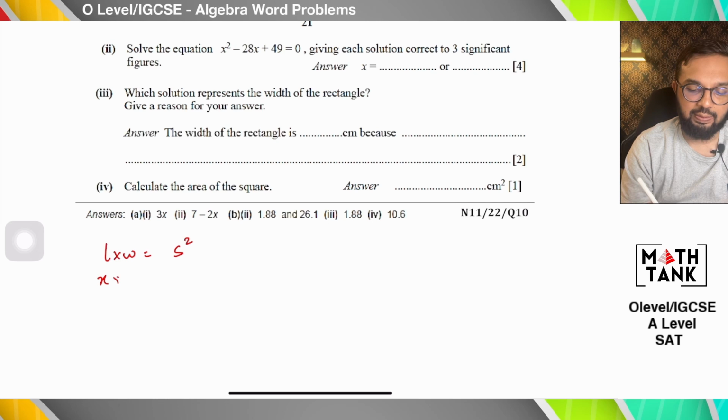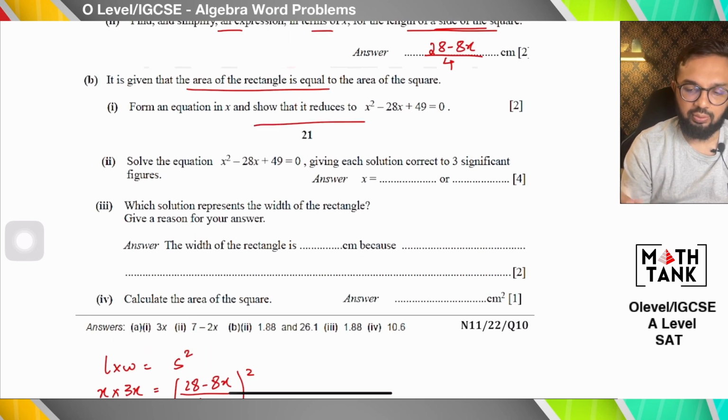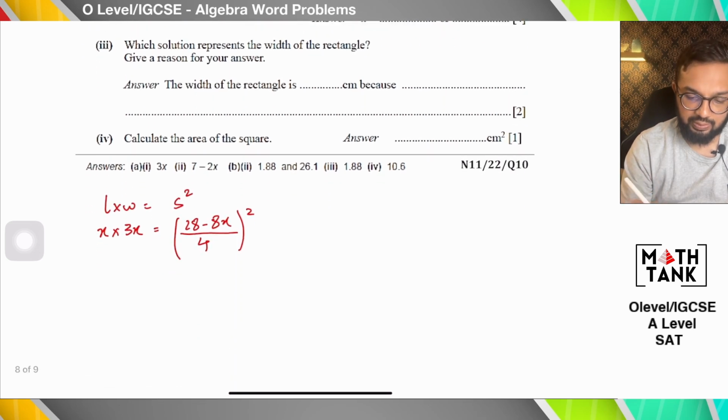So length was x, width was 3x, or the other way around, and this was 28 minus 8x divided by 4 squared. Form an equation in x and show that it reduces to this. The intelligent thing to do here would be to factor out this 4 and cancel it out. Why? Because it's going to make calculation easier.